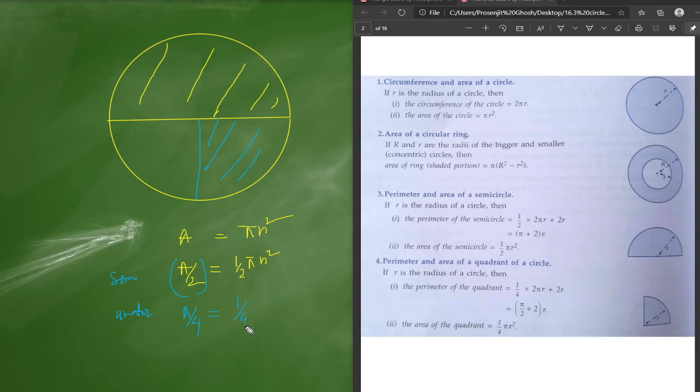So 1 by 4 pi r square. All you have to remember is the first formula, the area of the total, and sequentially you will get the area of the half, that is for the semicircle, and the area of the quarter part, that is A by 4. So that's it about the measurements and the formulas behind it.